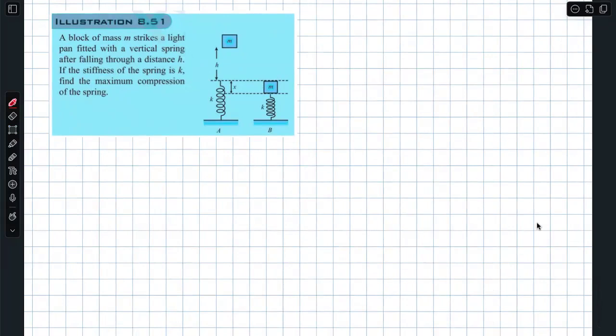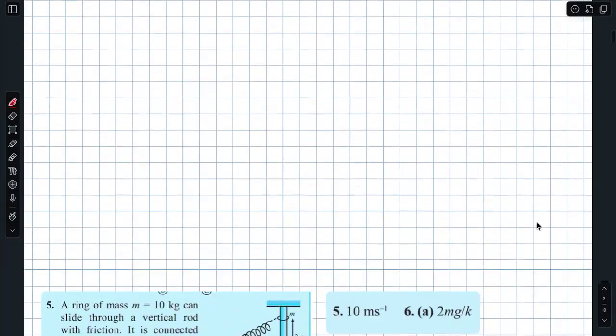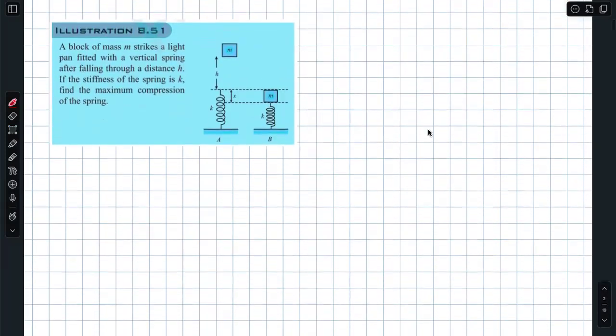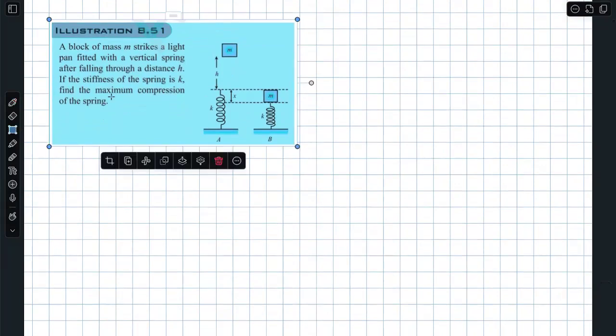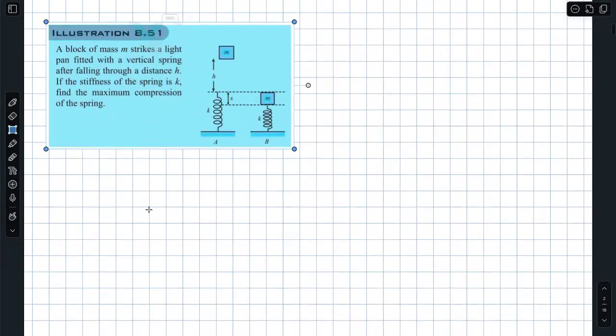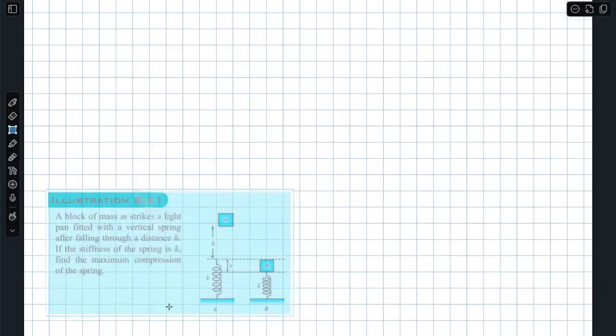Now we will start with the very fundamental model. Block of mass M. Before that, I require one more fundamental model. I'll discuss that and I'll come to this later on.